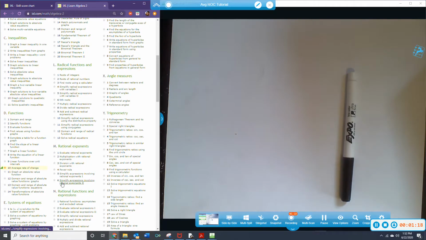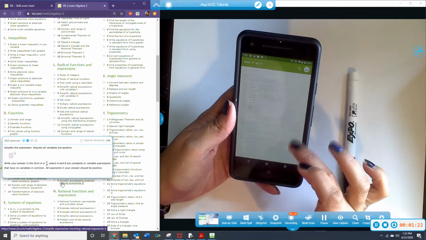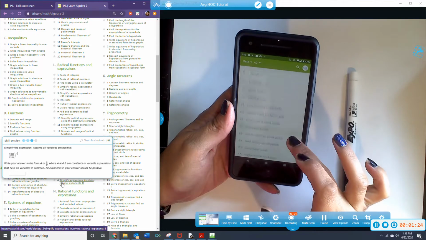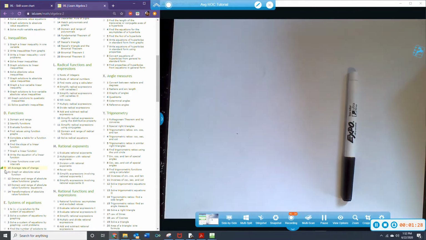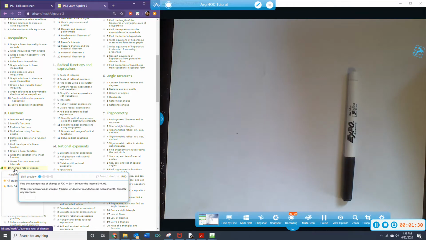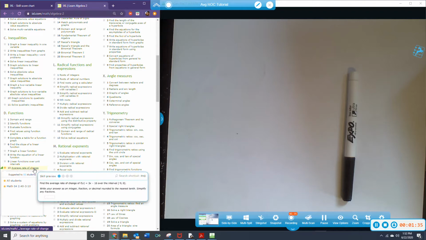Ah, here we go. I guess it's not showing on this one. Usually, if I assign something to you, it will be highlighted in yellow, and it'll have a star in front of it. Everyone should have been assigned D10, so let's go ahead and click on it.